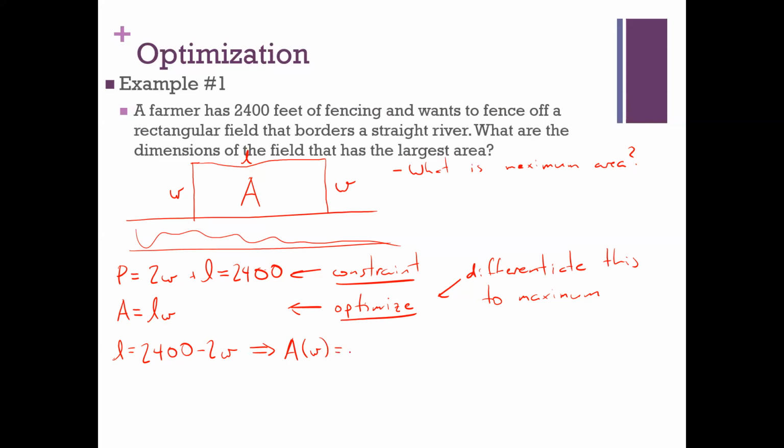So that's equal to 2400 minus 2 times width, times width. And I will simplify, and then we can stop and talk about where all this stuff came from. So 2400 width minus 2 width squared.